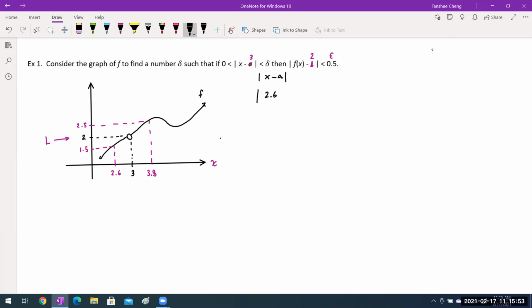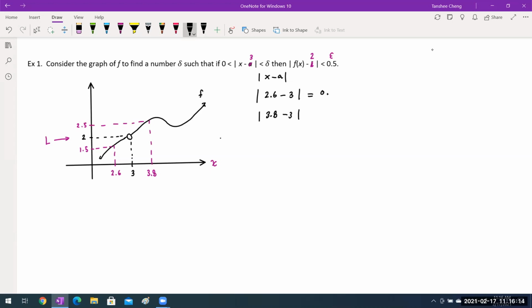In this case, my x is approaching 3, right? A. And the numerical value we have is 2.6. So I want to find out 2.6 minus 3, what is this going to give me? This is going to give me 0.4. And then the next one, 3.8 minus 3.